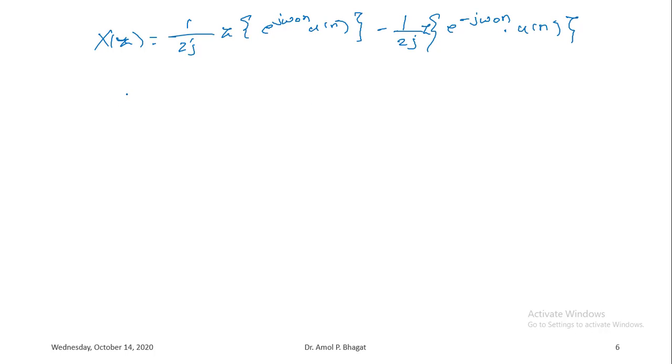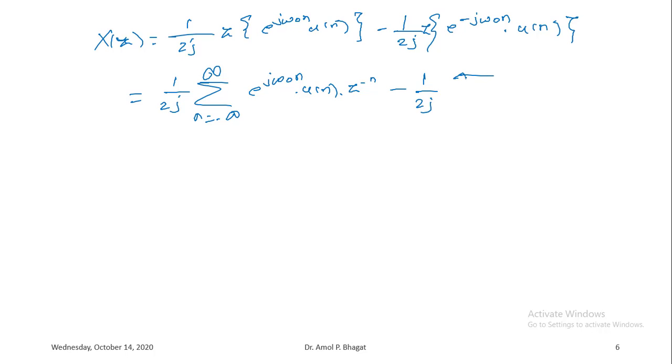So if I am applying the z transform formula here, it will be 1 upon 2j summation n is equals to minus infinity to infinity e to the power j omega 0 n into u of n into z to the power minus n, minus 1 upon 2j summation n is equals to minus infinity to infinity e to the power minus j omega 0 n into u of n into z to the power minus n. Okay. So again you can eliminate the negative values of n.